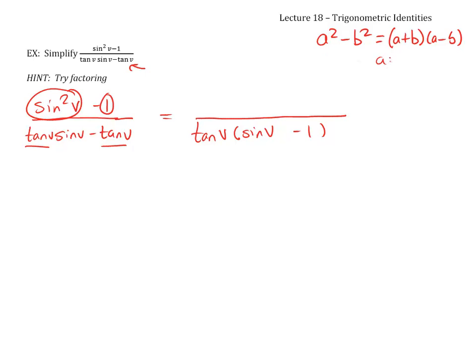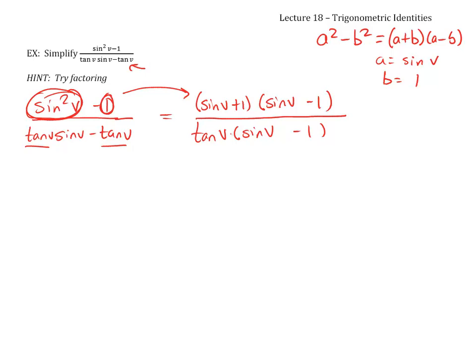Well, a is a sine of v and my b is a 1, right? And then I'd have an a squared here and a b squared there. So this means I can factor the numerator into sine of v plus 1 times sine of v minus 1.